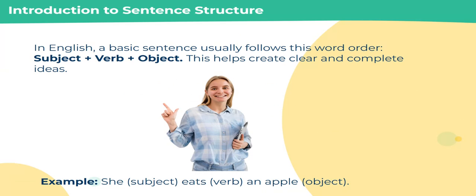Subject, verb, object. Now we have an example on the screen as well. She eats an apple. She is the subject, eats is the verb, and an apple is the object. Simple sentence structure. Subject, verb, object. She eats an apple.